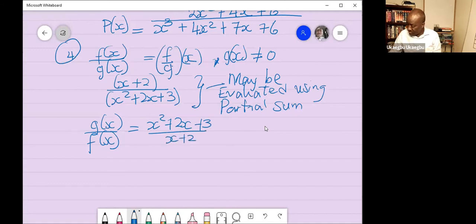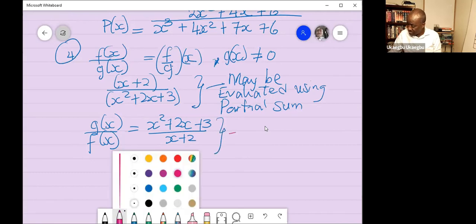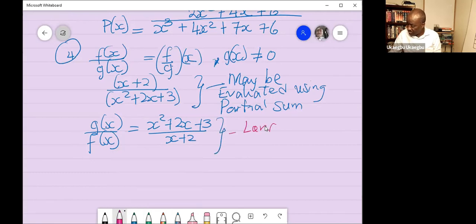So this one may be evaluated using long division. Okay? As long as the value of x, f of x is not equal to 0. So where f of x is not equal to 0.